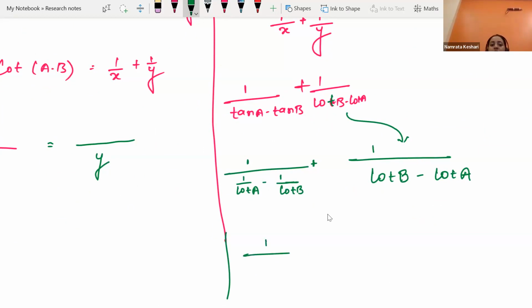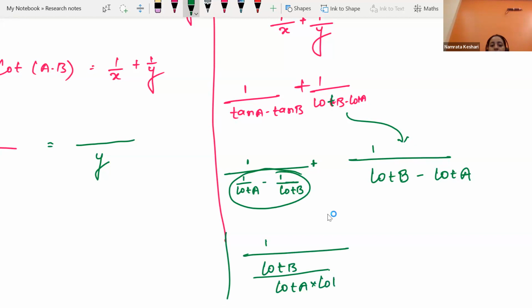What will be the LCM? The LCM will be cot A into cot B.